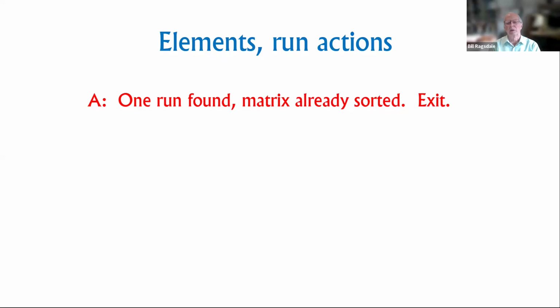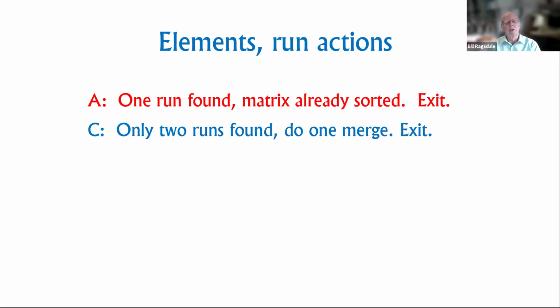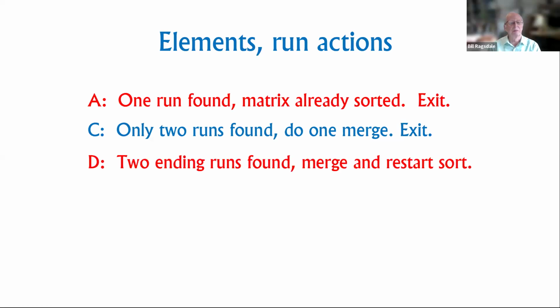Therefore, the matrix is already sorted and we are done. The next case is that if 2 runs are found, the leading run begins at row 0 and the second run ends at n minus 1 at the end of the matrix. In this case, there is only one merge necessary, so we do one merge and then exit, and we are completed.